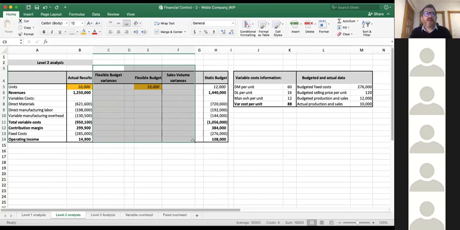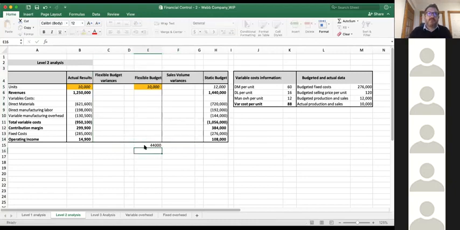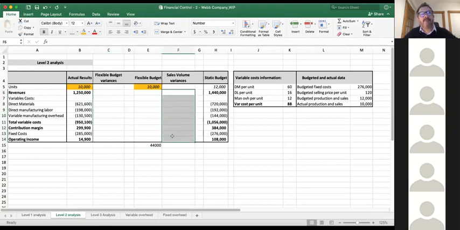So that's true that you should find 44,000 here. Yeah, that's correct, Zhang. Do not forget to calculate the variances here and here.